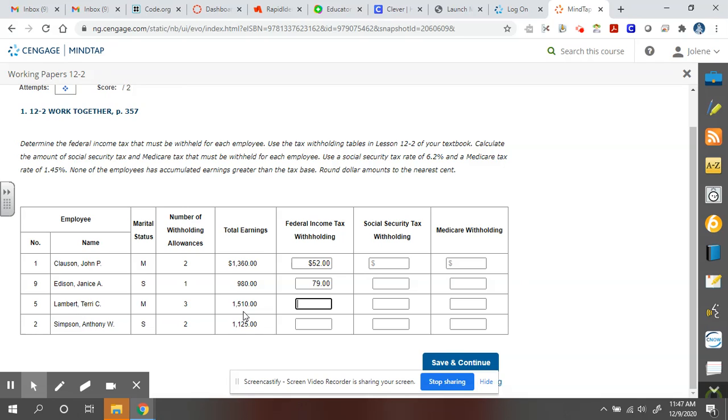So she's right in the middle of that range. So that's why I have to go with that line. And then I go over to the 3 column because she has 3 deductions. And she pays $50 for her federal income tax.